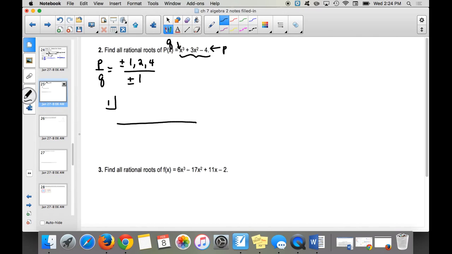We're going to take this dividend and divide it to get a quotient out. So our dividend is going to be 1x cubed, 3x squared, 0x, minus 4. Make sure you rewrite so you can see that 0x. So it was x cubed plus 3x squared plus 0x minus 4. That's where those numbers were coming from: 1, 3, 0, negative 4.